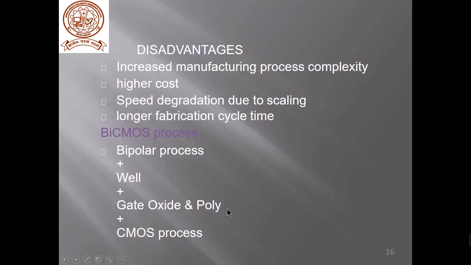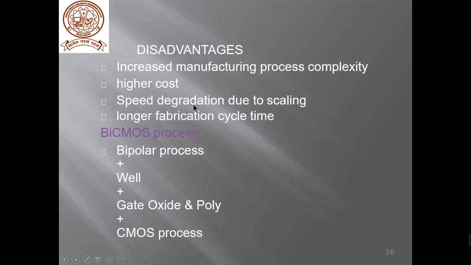These are the advantages. Coming to the disadvantages: increased manufacturing process complexity, which is more than bipolar or CMOS, and high cost, requiring very high cost for the entire design and fabrication.